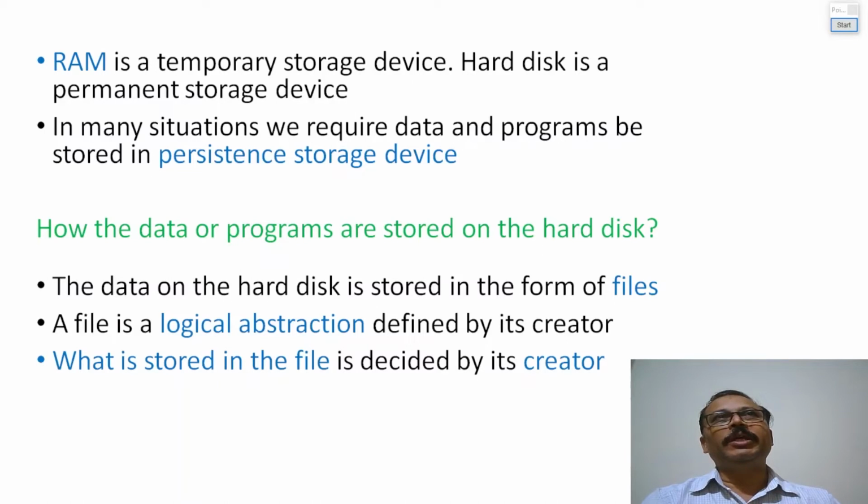The main memory is actually RAM, random access memory, which is a temporary storage. It is volatile, and its contents are lost when the power goes off.